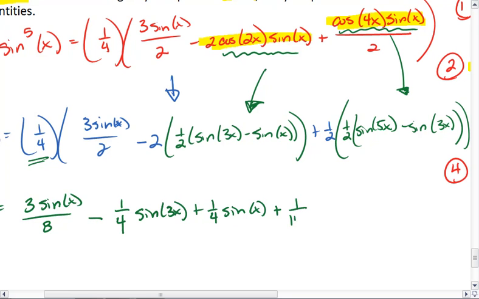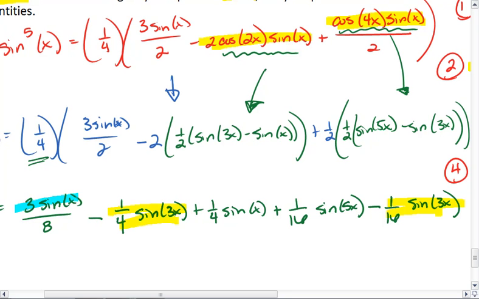So we get 1/16 sine of 5x minus, again, we have 1/2, 1/2, 1/4 that all distribute, minus 1/16 sine 3x. Okay. We should notice we've got sine of 3x, sine of 3x.